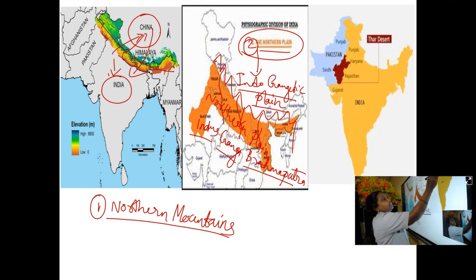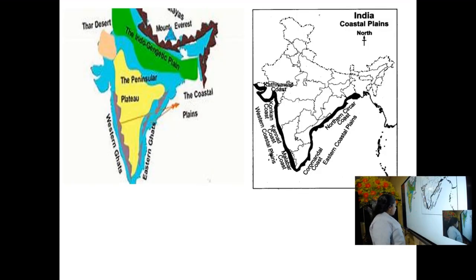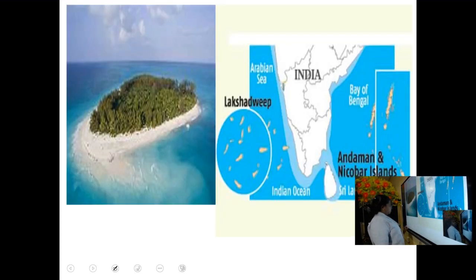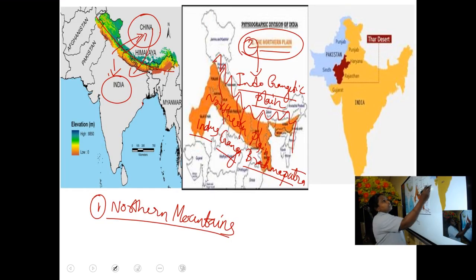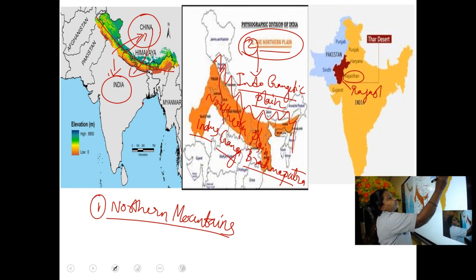And it is located in the state of Rajasthan. And what is a desert?